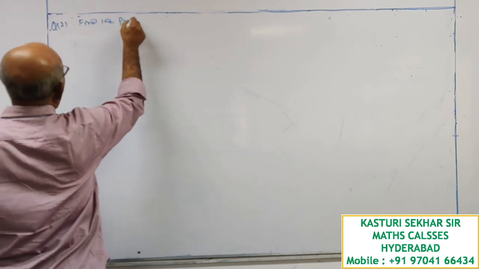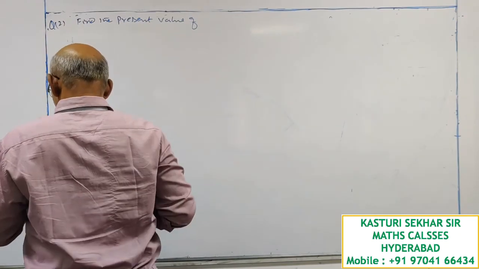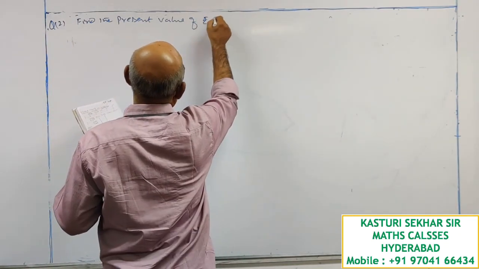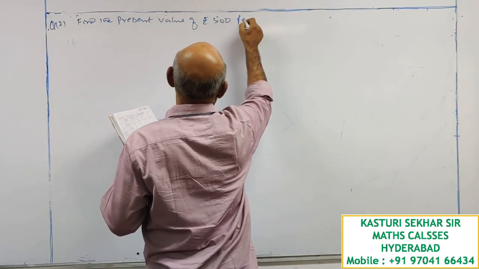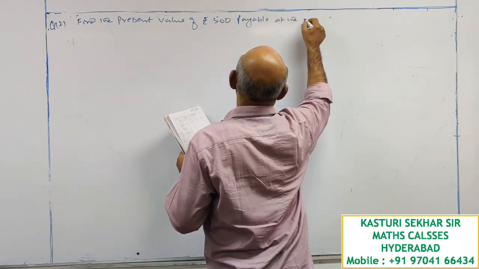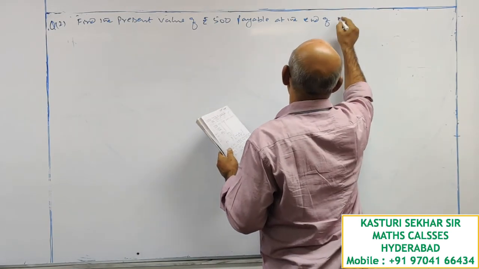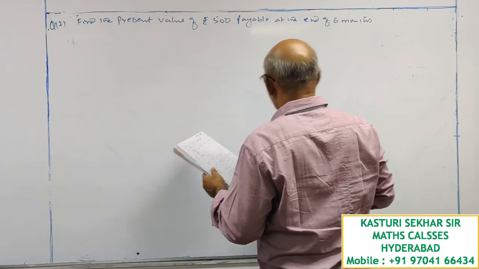Find the present value of rupees 500 payable at the end of 6 months for 4 years.